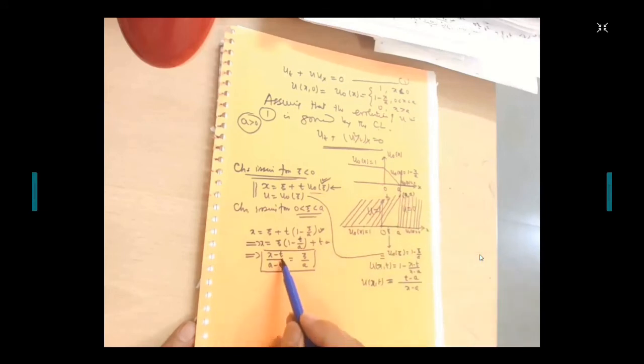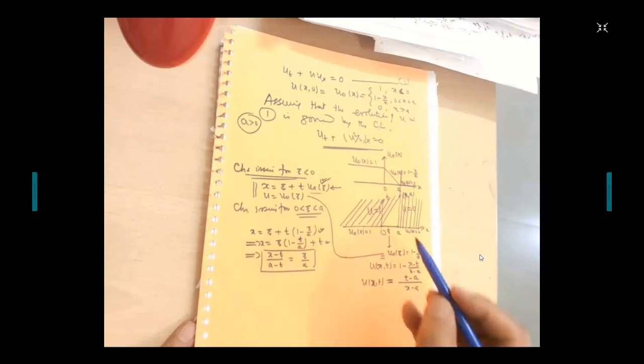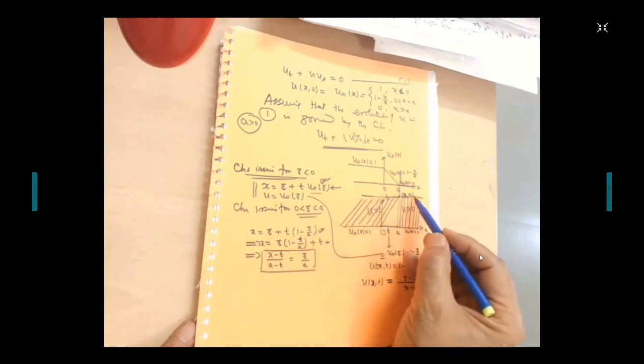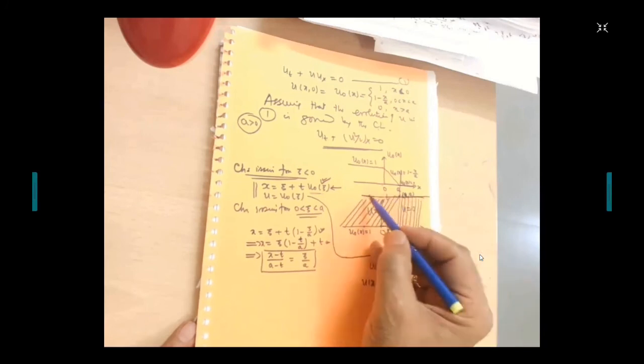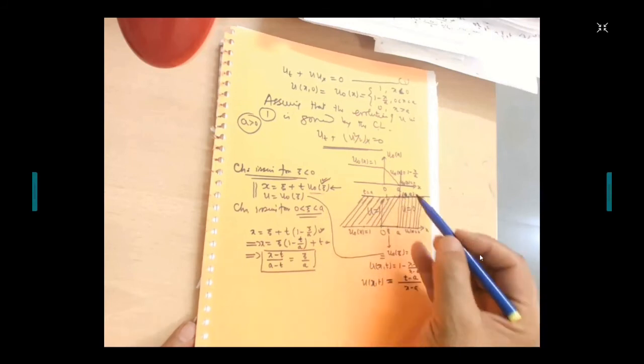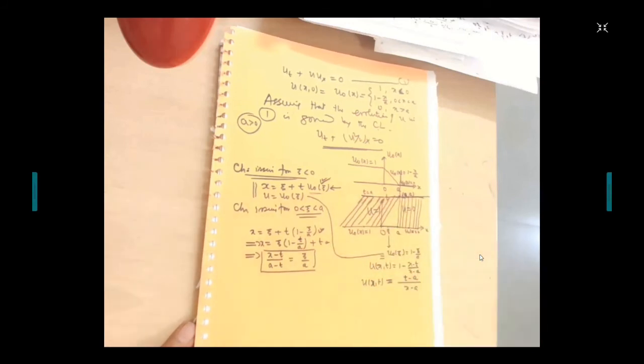This is the line t is equal to a, am I right? This solution becomes overdetermined at this point P, at a, a.